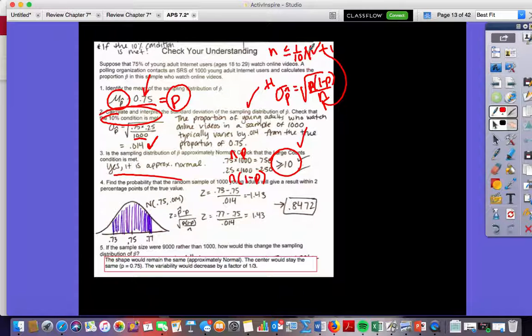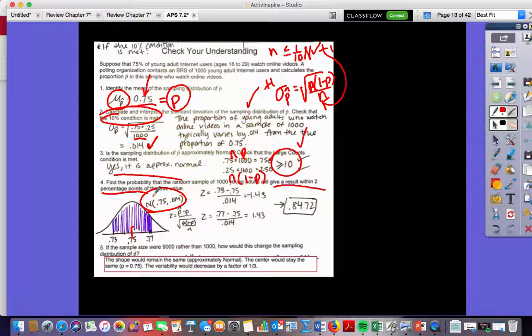Okay. All right, number 4, notice since we can approximate this as normal, we use the mean and standard deviation from 1 and 2, just like you would with a normal CDF. We put the 0.75 right there in the middle, but then it says, what is the probability that we'll get a result within 2 percentage points of the true value, which means we're really going 2% either side.